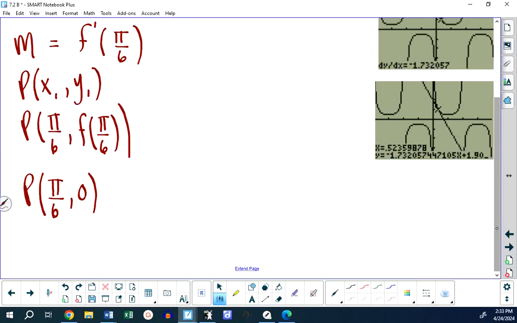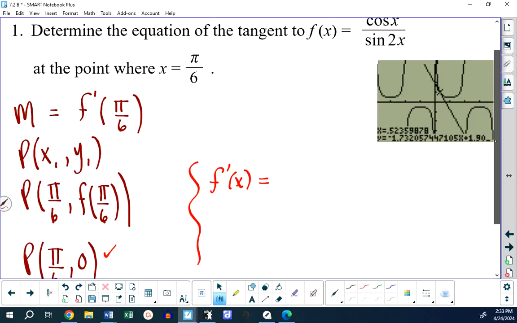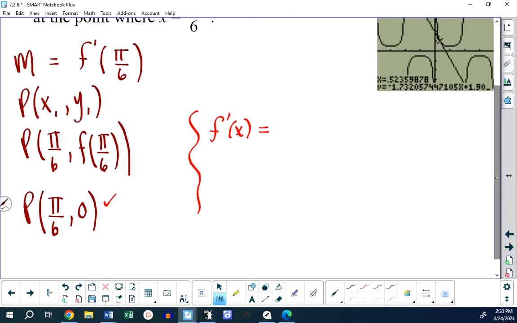Now, we need to find the slope as well. We've got the point. We checked that box. Now we need to know f prime of pi over 6, which means we can find f prime of x first. Not often that I use prime notation, but I'm going to. I just want to look at it one more time to make sure I have it in my head.